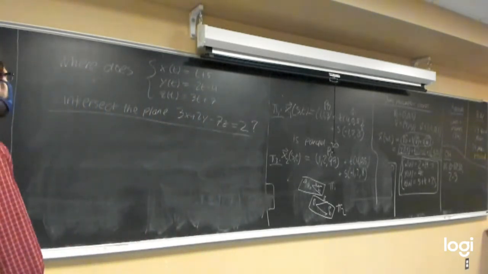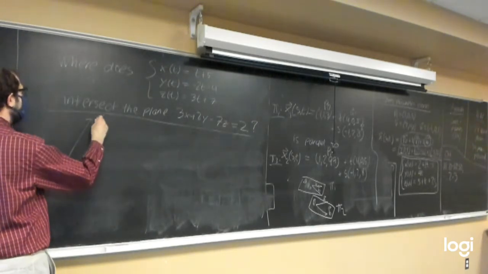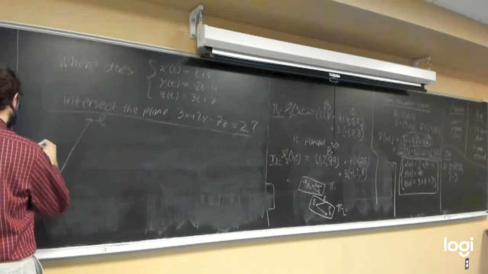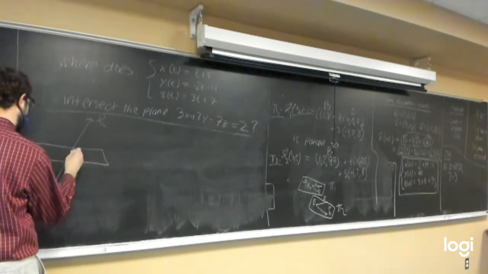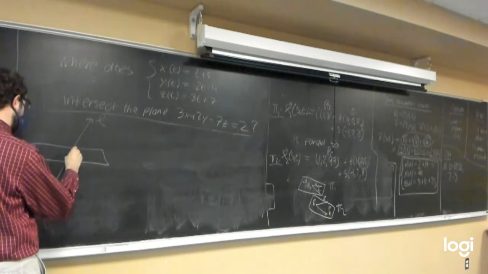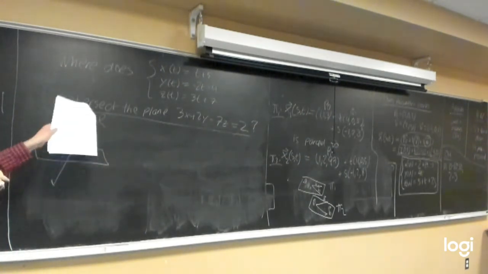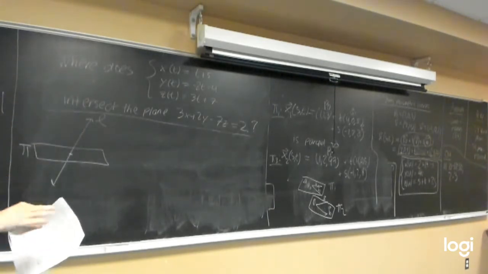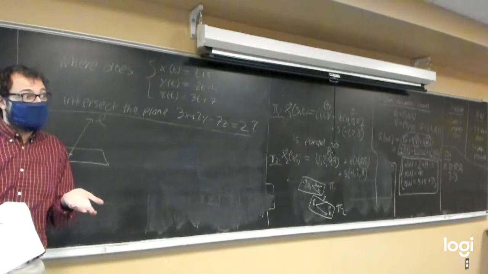So we're assuming we're in a situation like this, where we have some line L, and some plane pi. Where is the point where this line cuts through the plane pi? If there is such a point. Spoiler alert, there is.